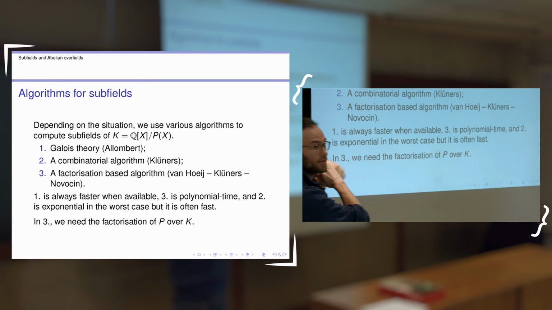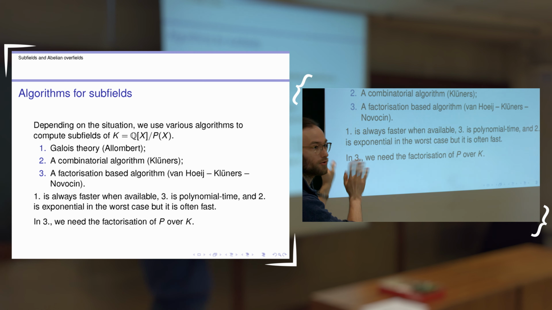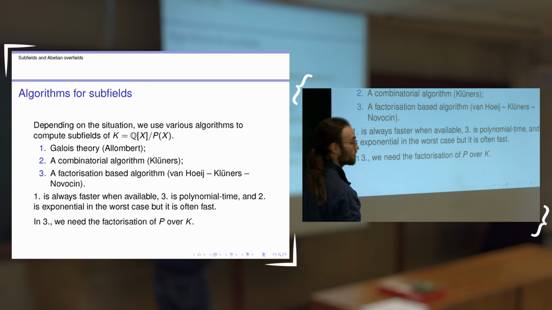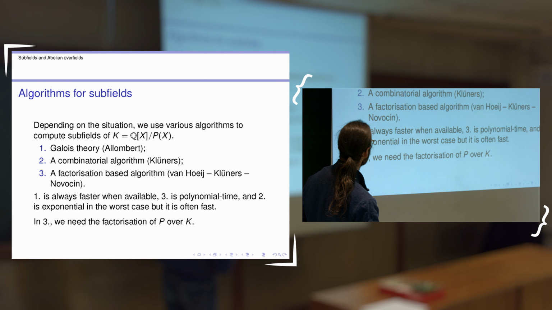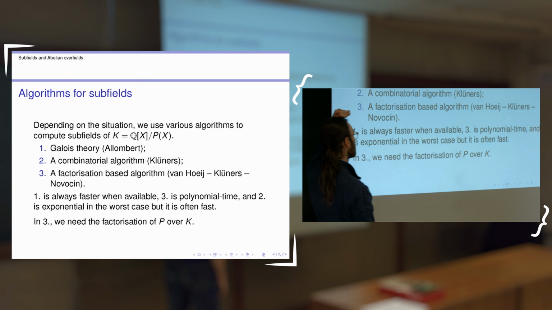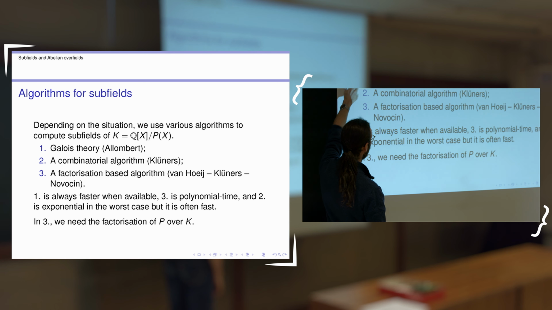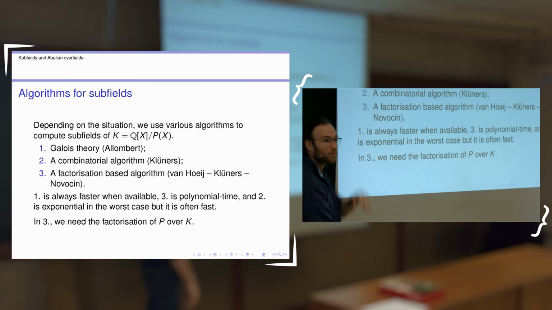Everything I said so far has been around for a long time. Now I just want to mention what's new for those functionalities. Depending on the situation, we will use different algorithms. If available, we'll use Galois theory with the galoisinit function.